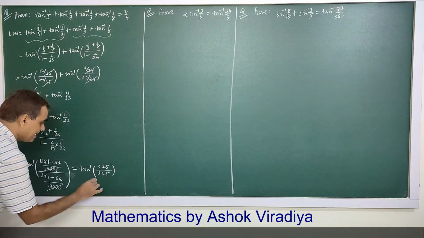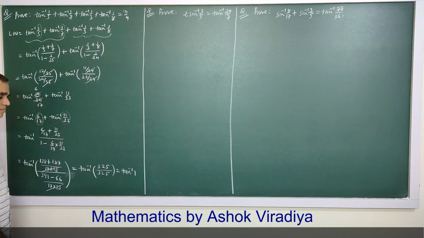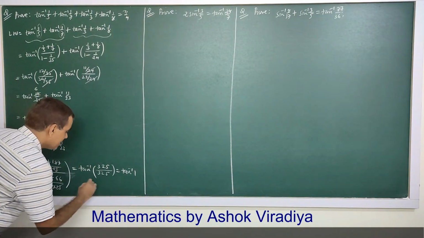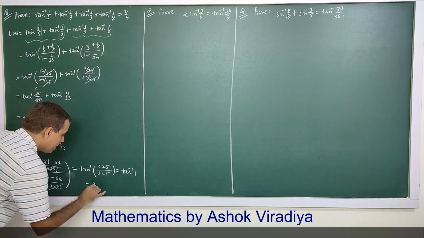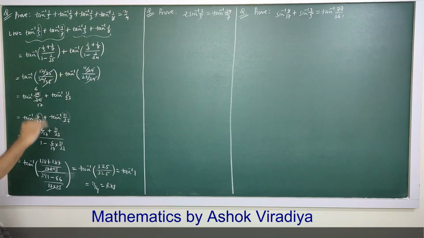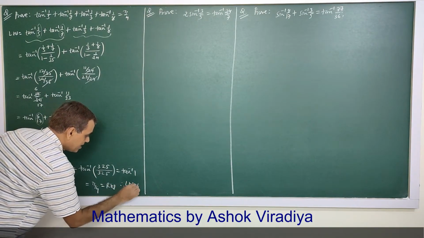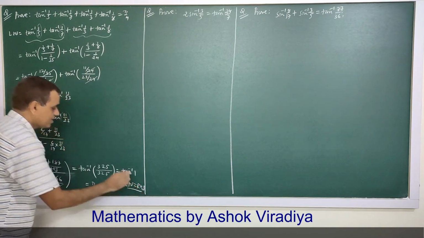So this is tan inverse 1, and tan inverse 1 is equal to pi by 4, and pi by 4 is the RHS. So LHS is equal to RHS. Therefore LHS equals RHS.